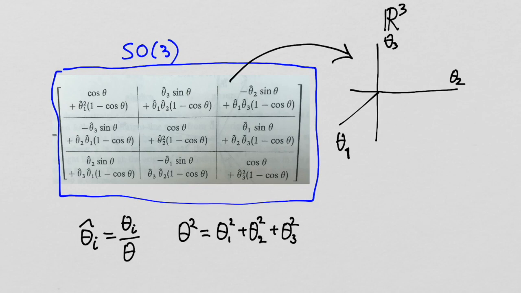So in these formulas, our theta 1, theta 2, and theta 3 are buried in theta itself. Theta squared is simply the sum of the squares, and theta is the square root of that, which converts all of our parameters into these little unit parameters. So these are the directional parameters, and then there's the magnitude of theta, which is the square root of the sum of the squares of the parameters.